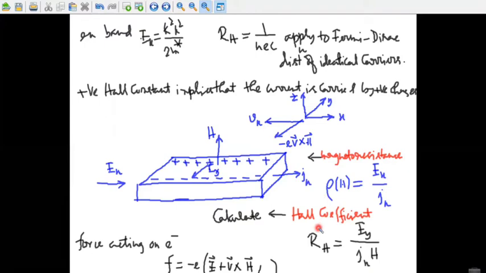If, on the other hand, the charge carriers were positive, then the sign of their x velocity would be reversed, and the Lorentz force would therefore be unchanged. As a consequence, the Hall field would be opposite to the direction it was for the negatively charged carriers.